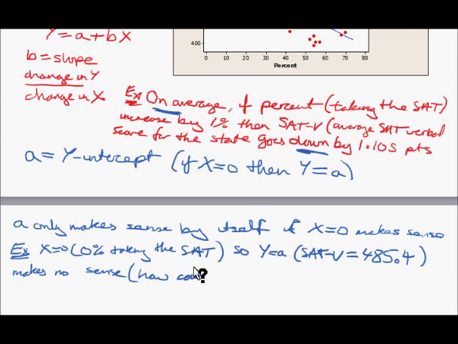How can you have an average score of 485.4 if no one takes a test?